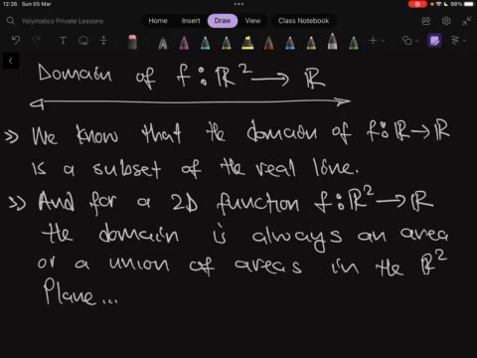You see that? So geometrically, when we have a two-dimensional function, one which takes two-tuples and maps them to a single number, if you're asked to find the domain, first you must understand the nature of the domain that you're trying to find. So the domain of functions like these is always represented as areas in the R2 plane.